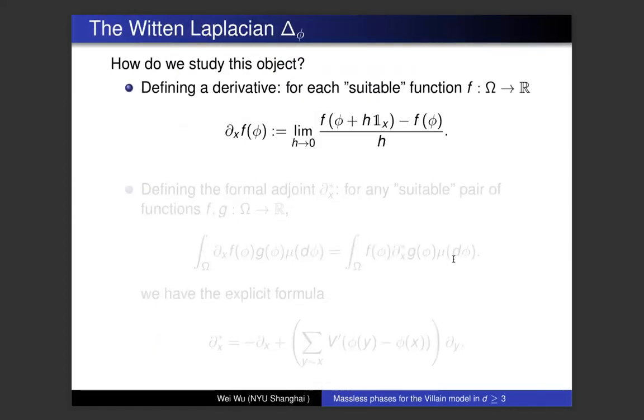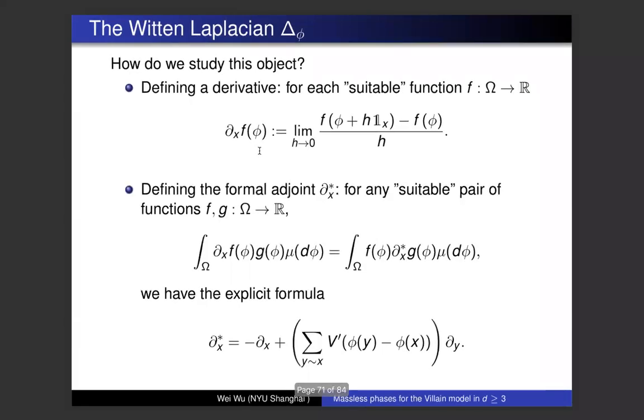For that, we need to introduce the notion of field derivatives. This partial x is a differential on the random field. Suppose we have f, a function on the random field. The partial x means you take the derivative as phi of x changes, so you look at the partial derivative with respect to phi of x.